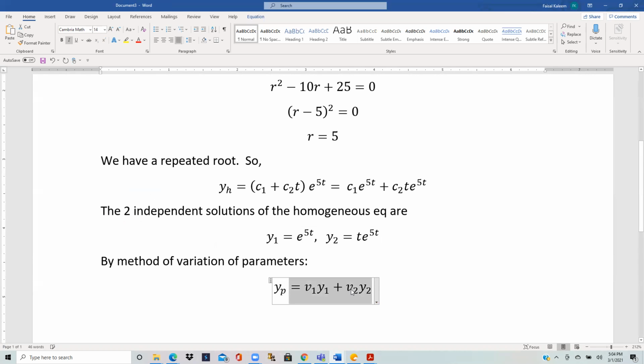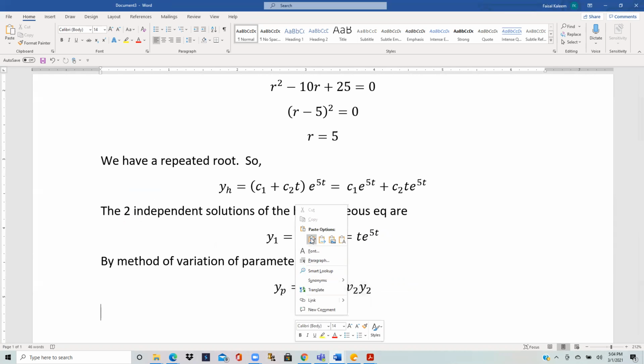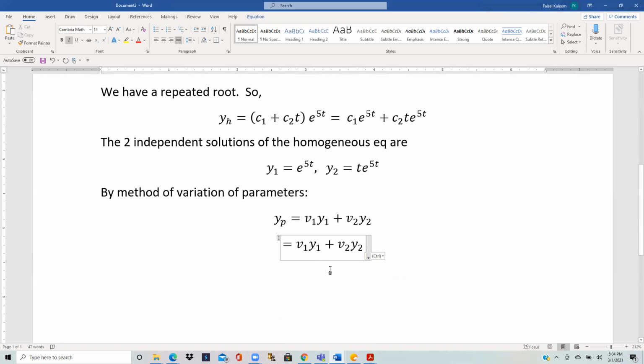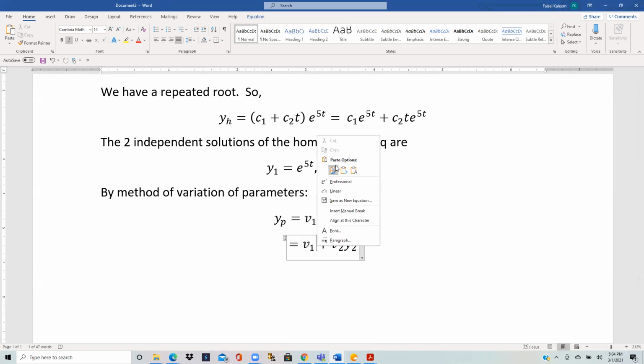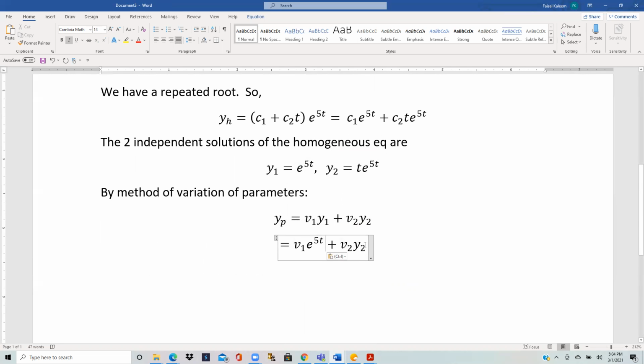And now let's substitute the values. y1 is e to the 5t, and y2 is t e to the 5t. So we got this yp.